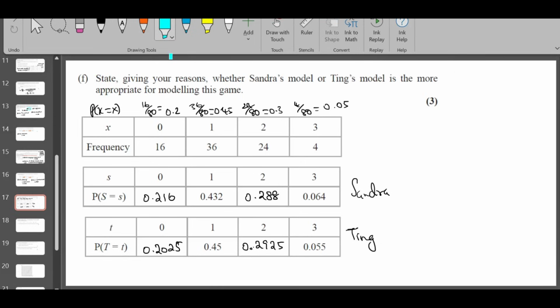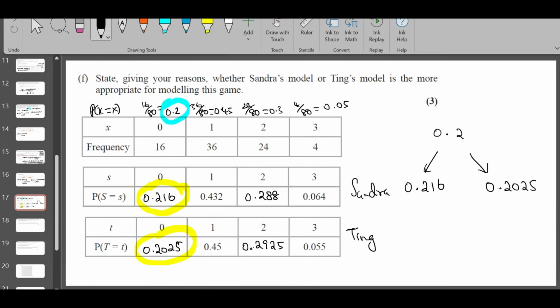Now compare the probabilities. For example, the first one: compare the observed probability with Sandra's probability and Thing's probability and check which one is closer. The observed probability is 0.2, Sandra's one is 0.216, Thing's probability is 0.2025. Definitely this number is closer to 0.2, correct?